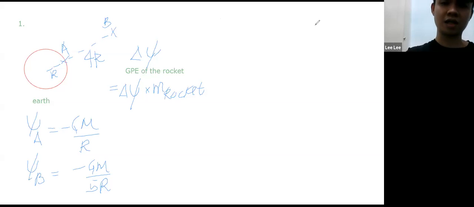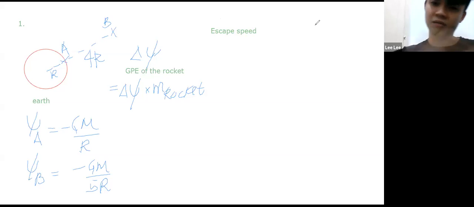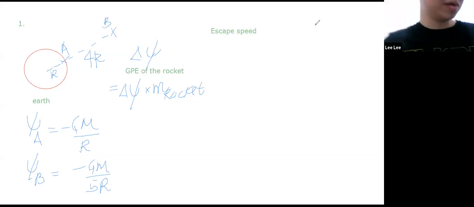Now we're going to discuss escape speed. Before I discuss escape speed, you have learned about orbital speed, square root of GM over x. That's for orbital motion, so don't get it wrong. Now we are going to discuss escape speed.